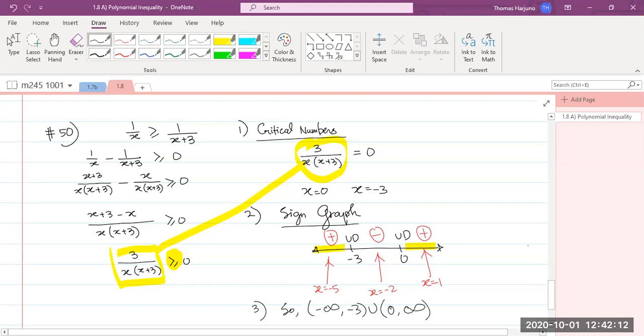Okay. Now I do not expect you to do all the suggested homework right away, but I do expect you to do at least every other odd. So from this 1.8, I would like you to do number 13 to number 35, every other odd, and then number 41 to number 53, also every other odd.